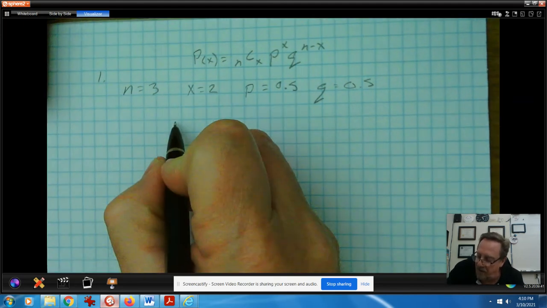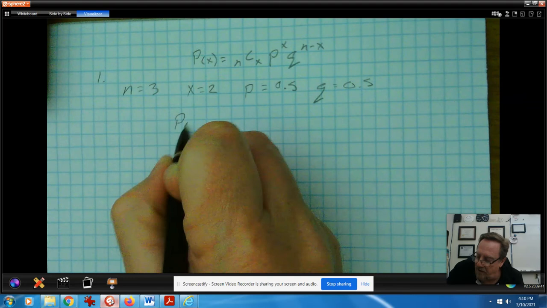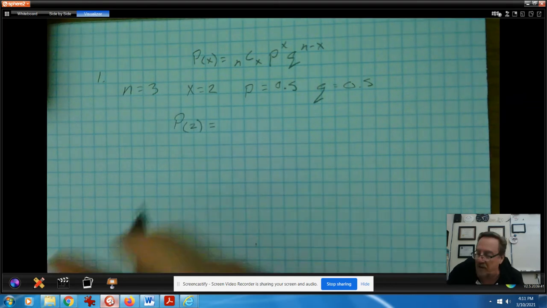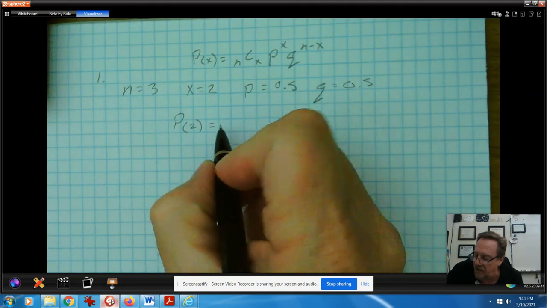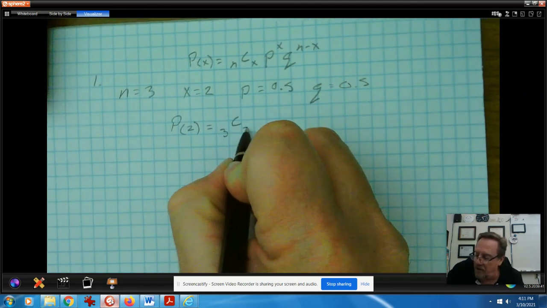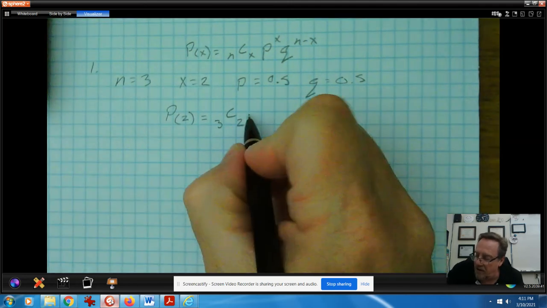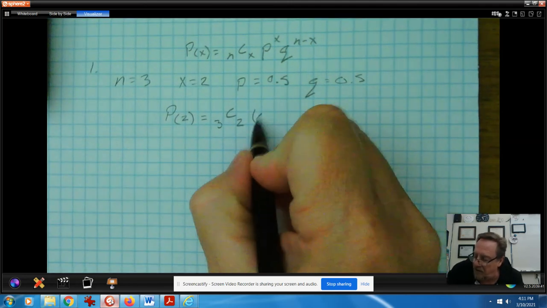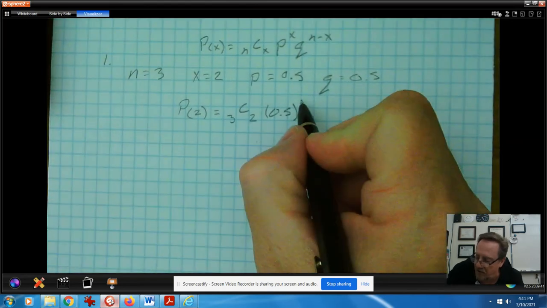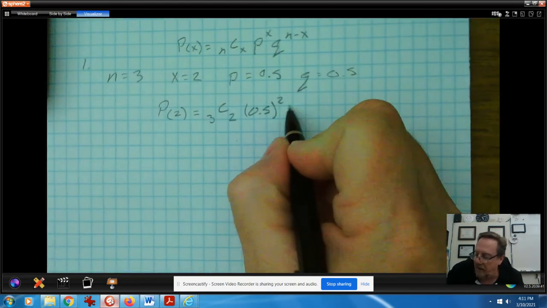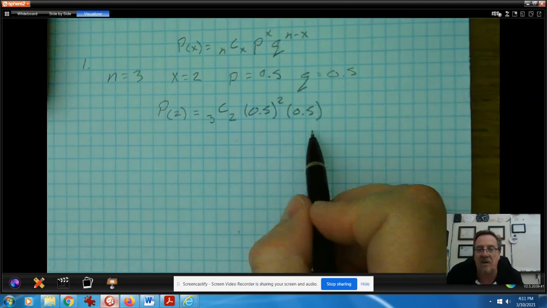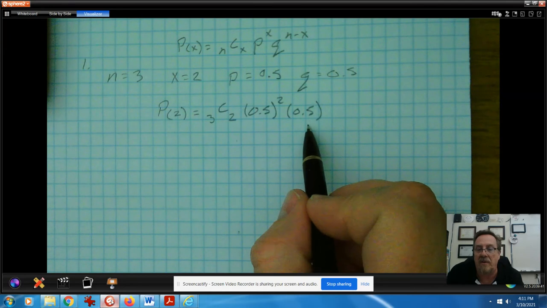Using our probability model, the probability that we get 2 girls is equal to 3 choose 2, times our P, which is 0.5, raised to the X power, that's 2, times 0.5, and again, Q is the probability that they're not girls.